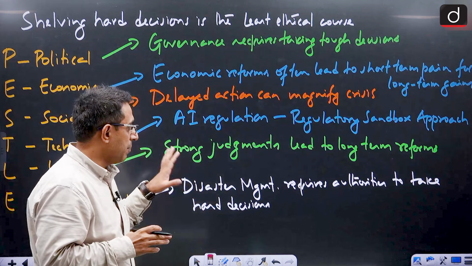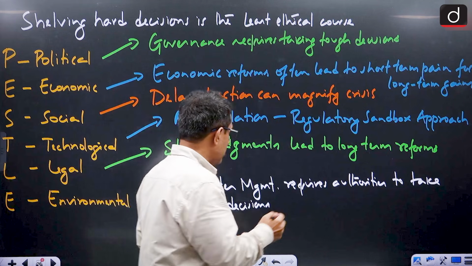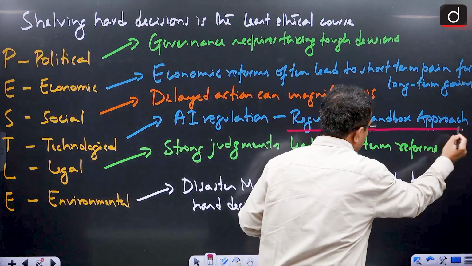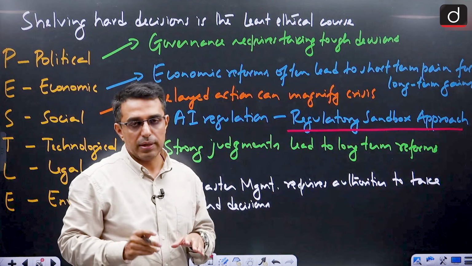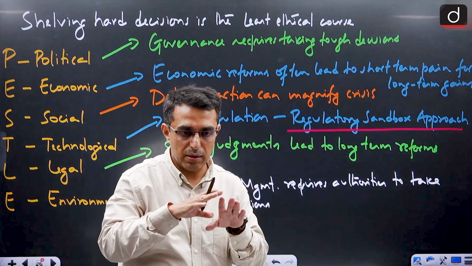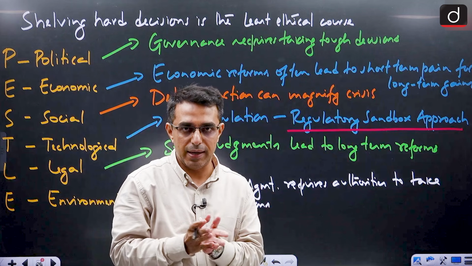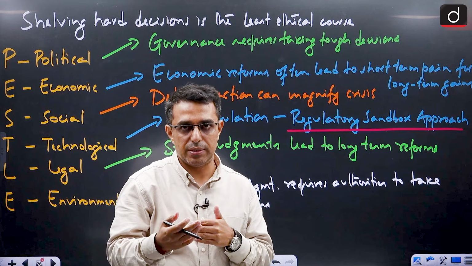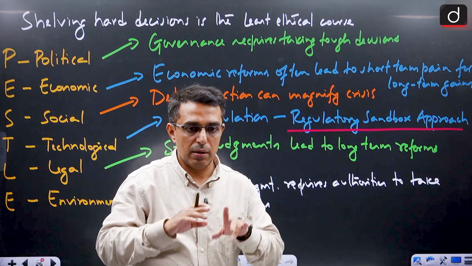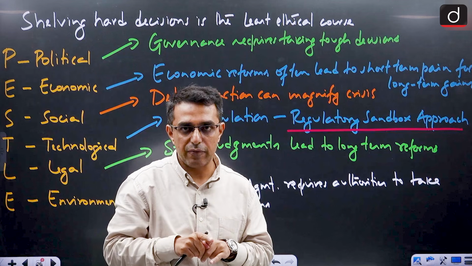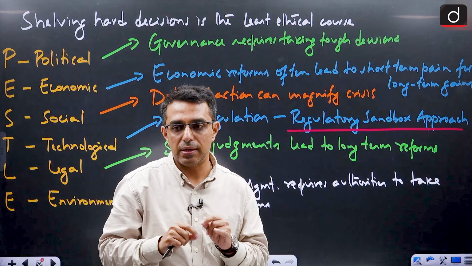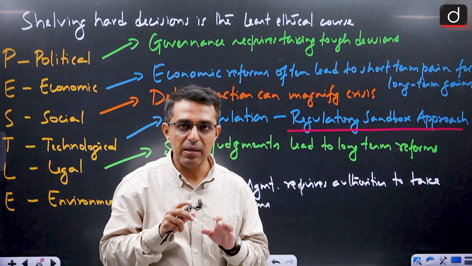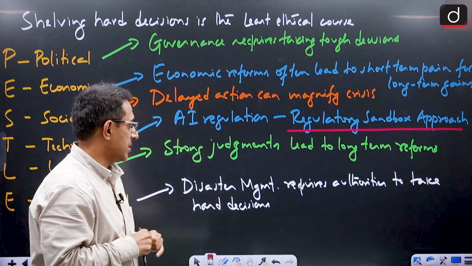So we have to find a middle ground, and here we can use things like a regulatory sandbox approach. That means within a given environment, we can allow AI to innovate, right? But because it will be under a protected environment only, its negative impact, if any, will be limited. So that is what we can suggest.